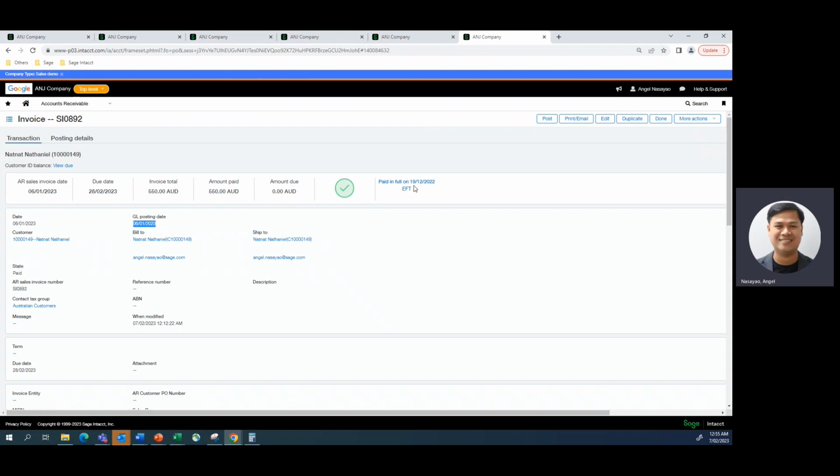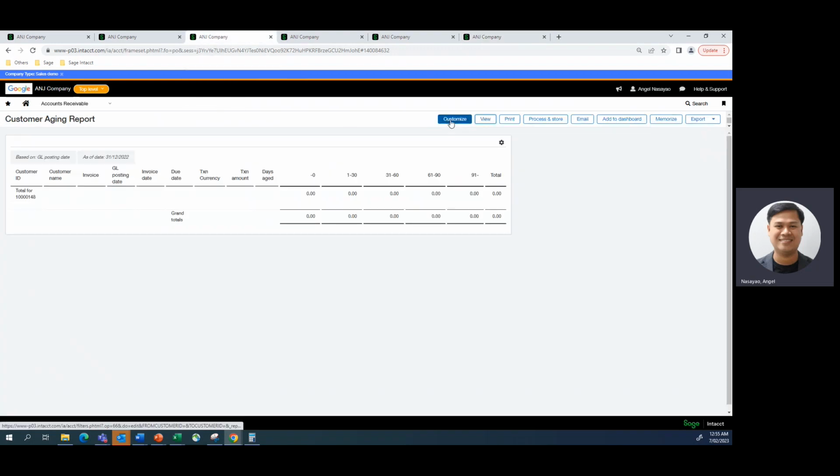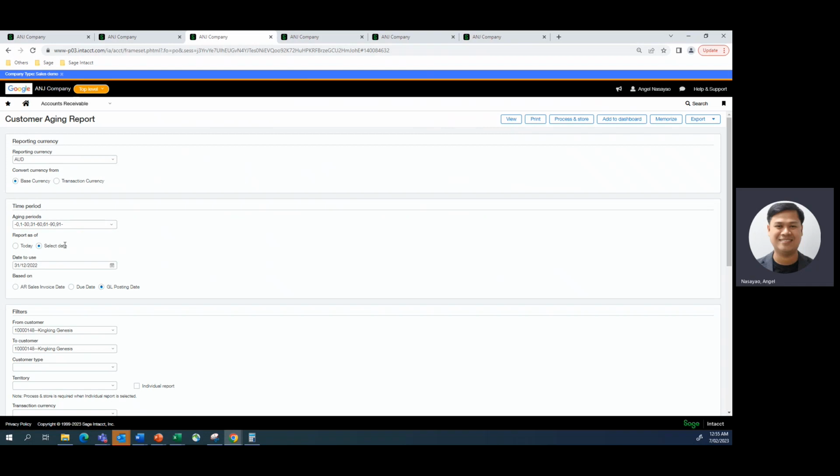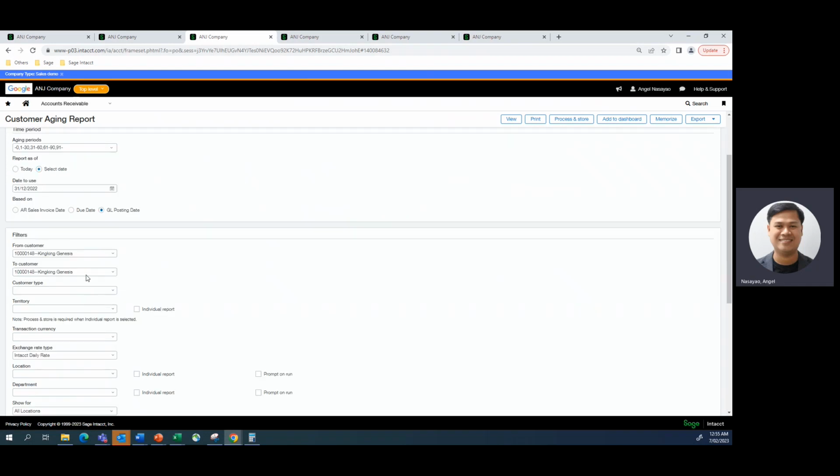But as you can see here, the payment is actually way before the invoice. In this case, it's the 19th of December 2022. That will certainly cause the discrepancy. So let's double check with this one here. Same date, just a different customer.